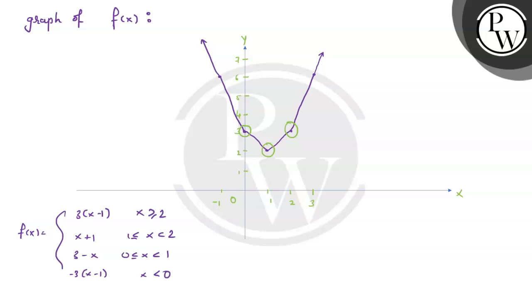So the potential non-differentiability points are x equals 0, 1, and 2. But let's check theoretically whether our claim is correct. Also, from the graph we can tell that the function f is continuous throughout the domain. So now let's check continuity of function f.